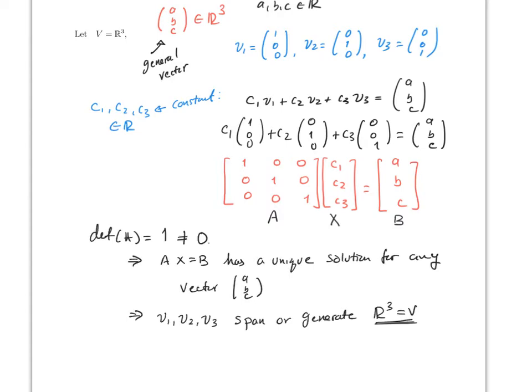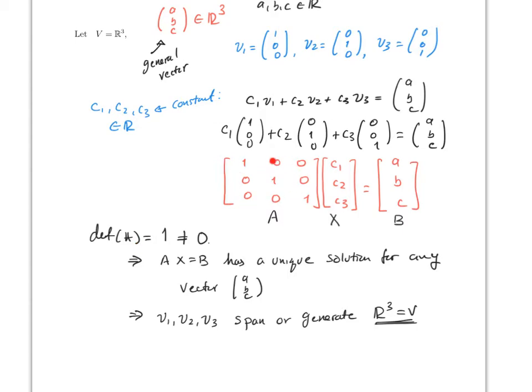Now there are multiple ways to show this, but for the purpose of the class, the fastest and easiest way is probably to get the matrix A and check if the determinant is 0 or not.